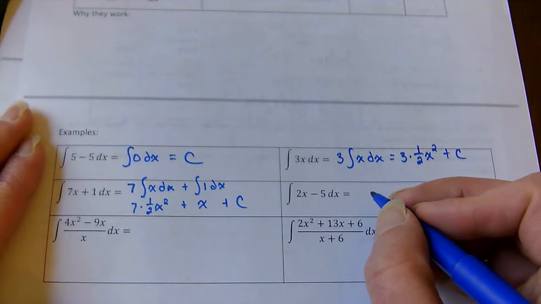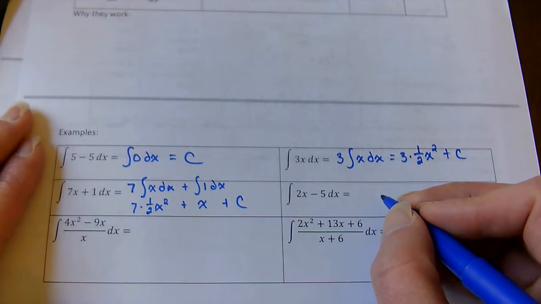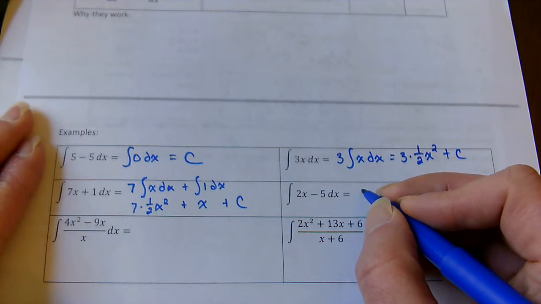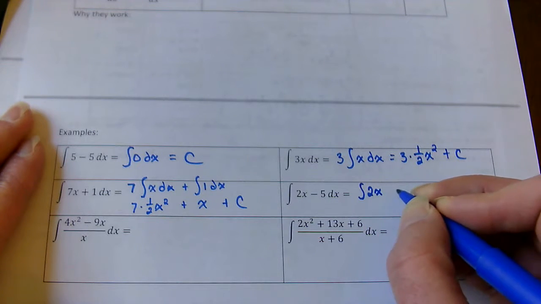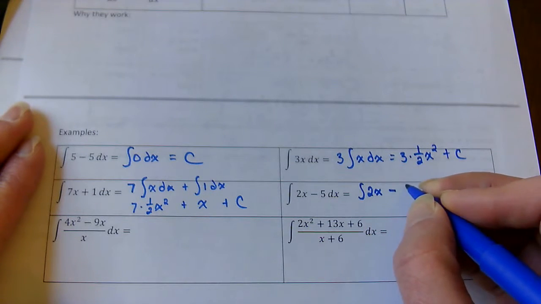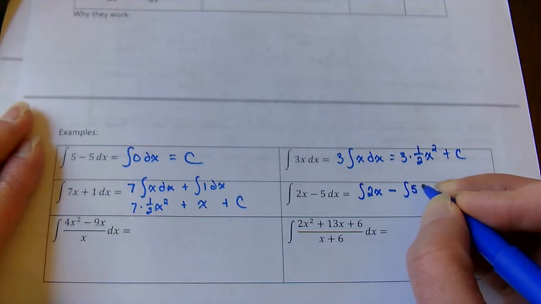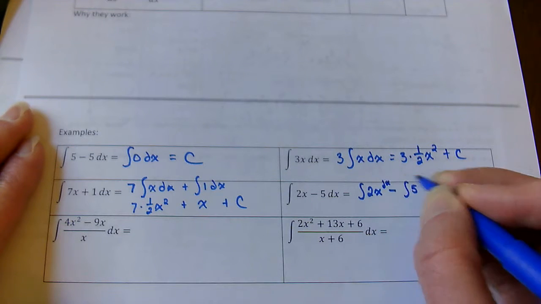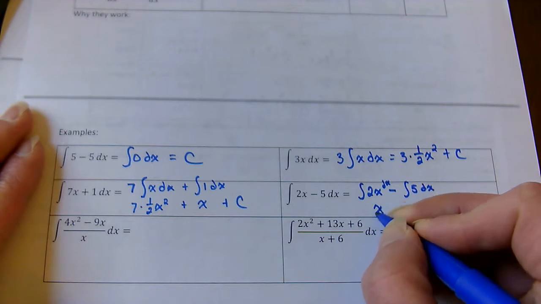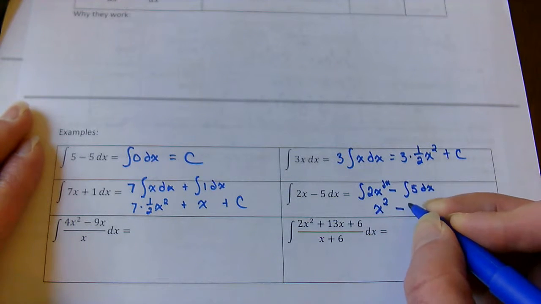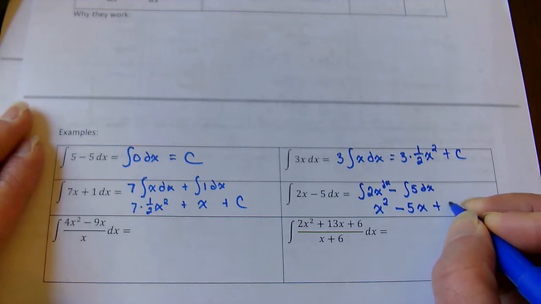2x minus 5. Ooh, I like taking the antiderivative of 2x. So we're going to split it up. Oops, dx. This is going to be x squared minus 5x plus some constant.